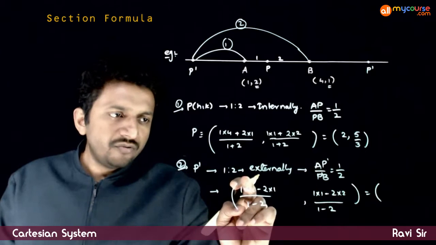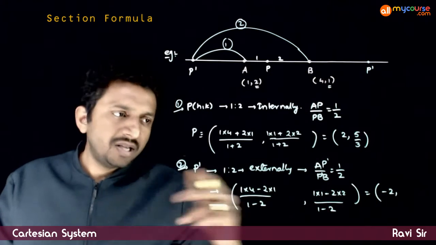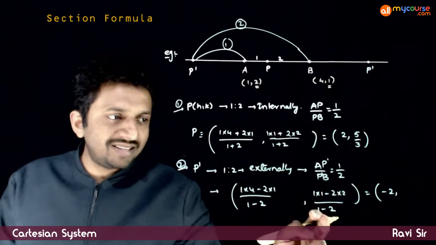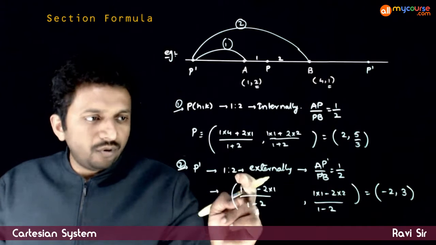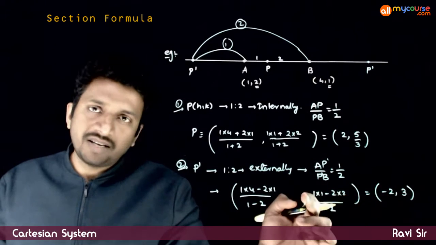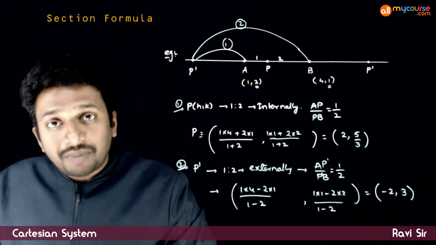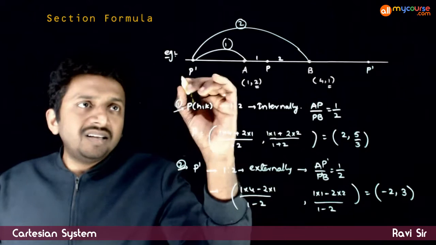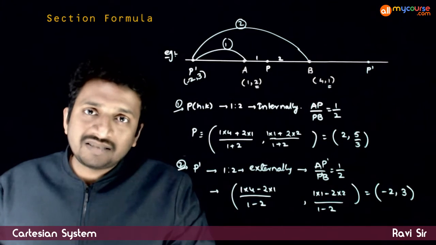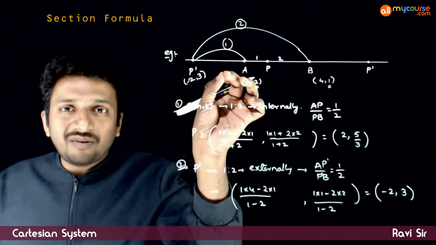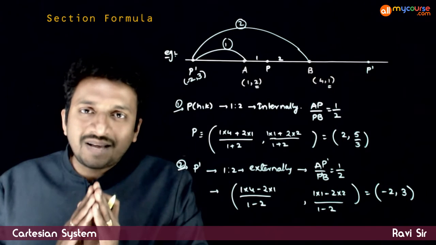That is equal to 4 minus 2 is 2 by minus 1, which is minus 2. And 1 minus 4 is minus 3 by minus 1 is 3. So (-2, 3) is the point P dash which divides AB in the ratio 1:2 externally. I hope this example is clear.